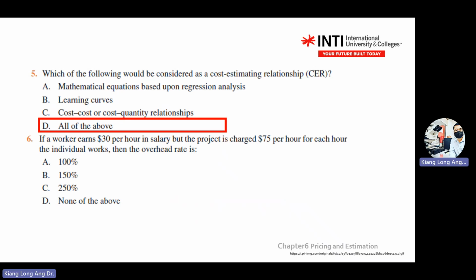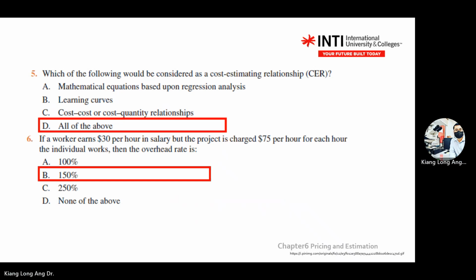Actually, you're making profit. Okay, the overhead rate is 150%. Your raw cost is $30, but you are selling at $75.